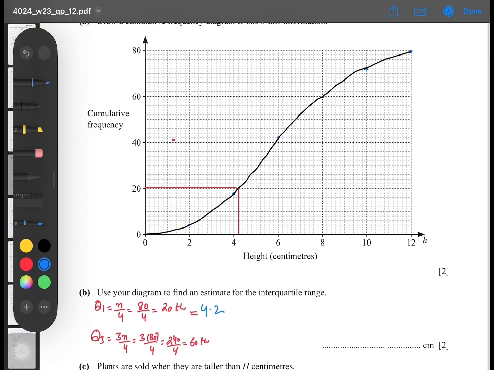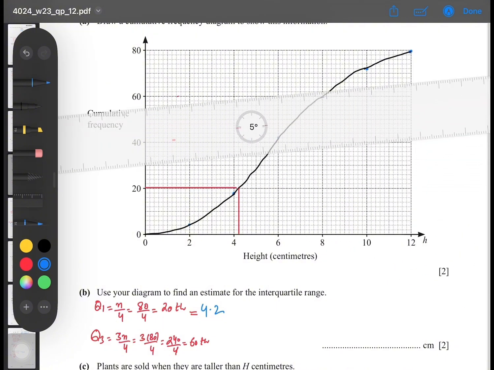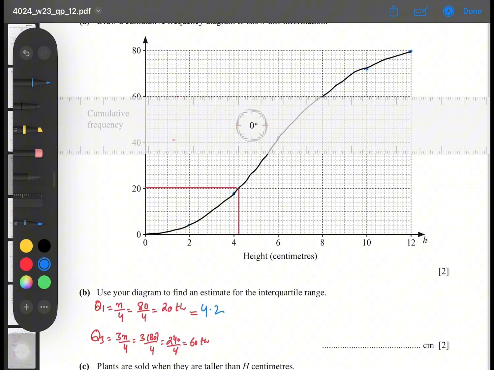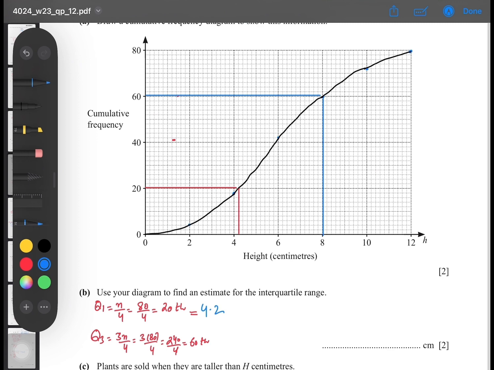And for Q3, that is the 60th term on cumulative frequency, I'll draw the line, and this is equal to 8. So the interquartile range is equal to 8 minus 4.2. So this is the answer, 3.8.